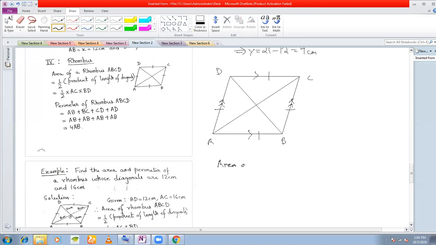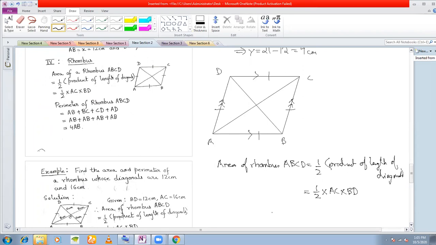So area of rhombus ABCD is half of the product of lengths, that means we'll write AC into BD, the product of lengths of diagonals. Half of the product.